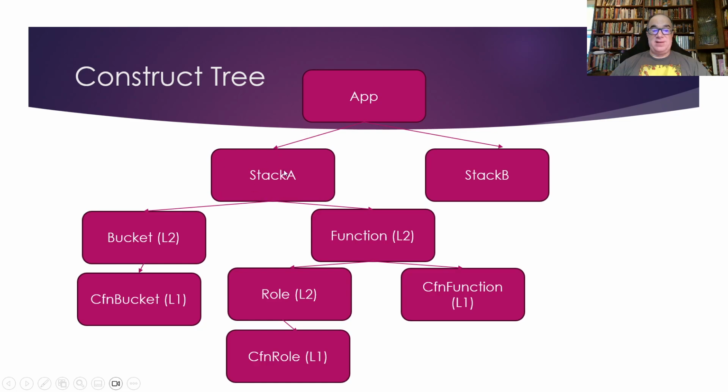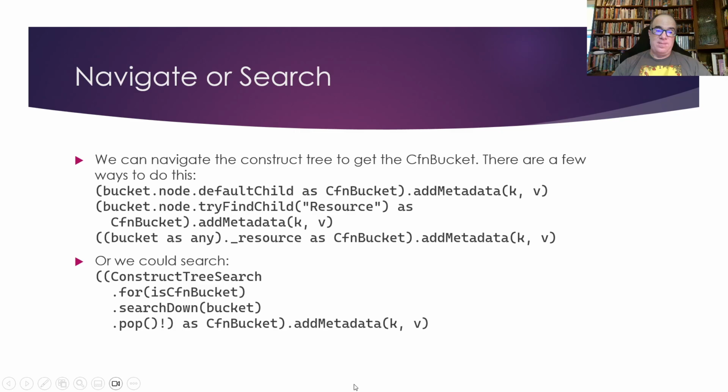If I gave it the stack and I looked for CFN bucket, since there's only one CFN bucket in the stack, it would find the CFN bucket and return it. If I passed the bucket or the CFN bucket, it would similarly return the CFN bucket. If I pass the function, nothing would be returned because there's no CFN bucket under function.